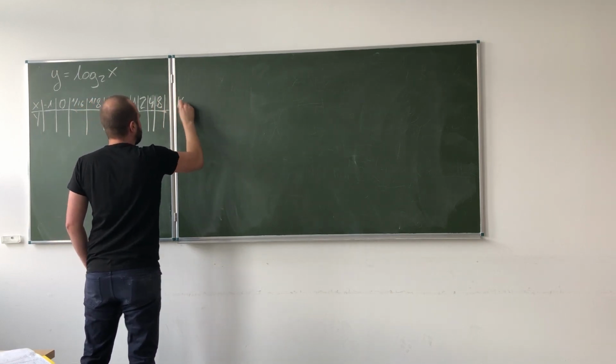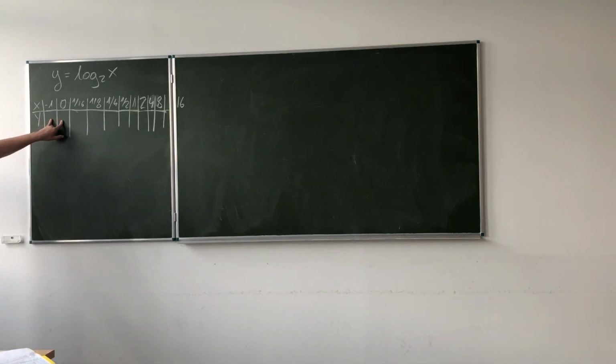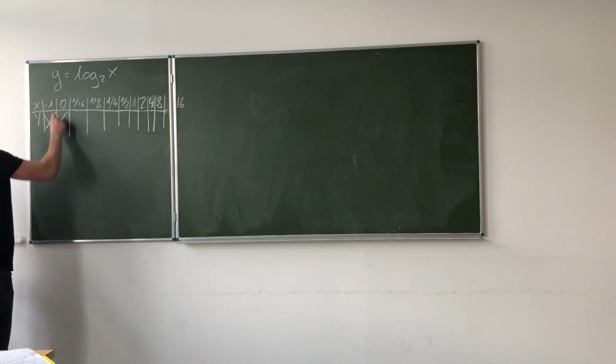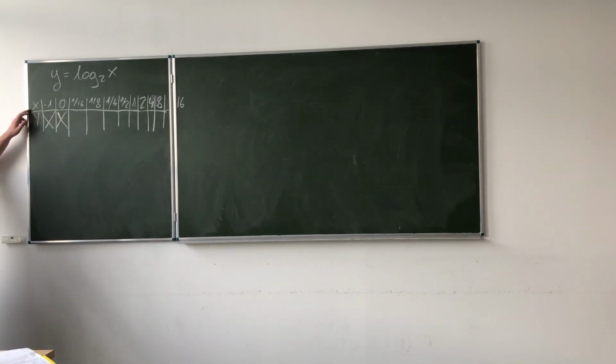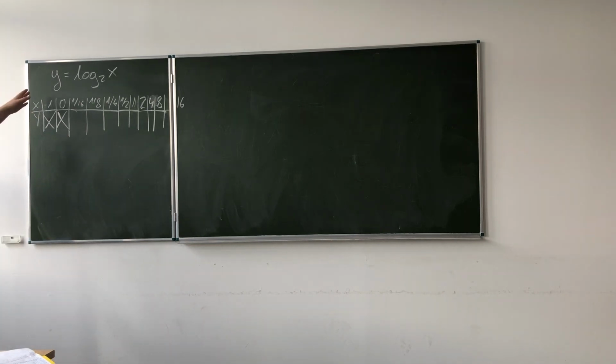And well, the next should be 16. Okay. The first two cases, right away we should notice, are impossible, right? Remember, the domain of x starts with numbers above 0.